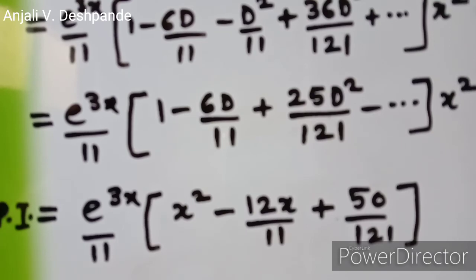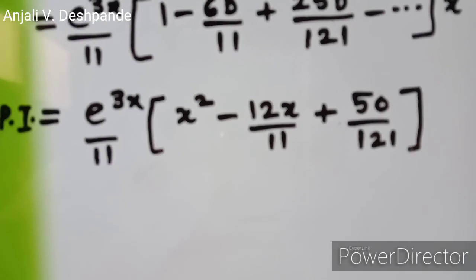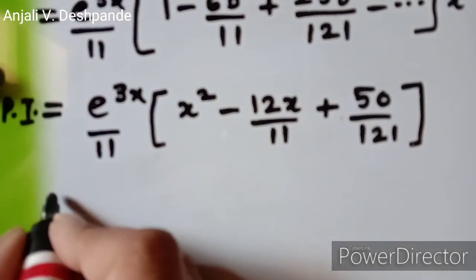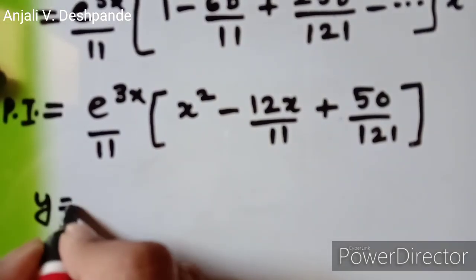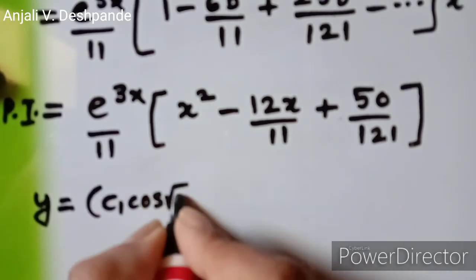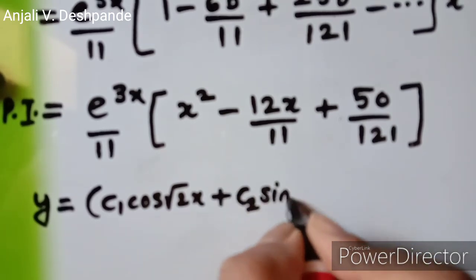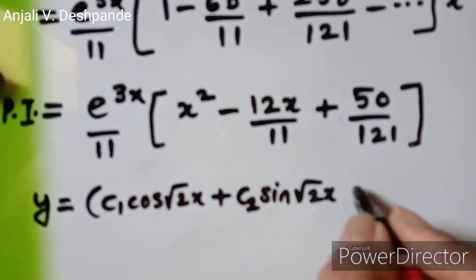So therefore the complete solution in this particular case will be y is equal to c1 cos root 2x plus c2 sin root 2x.